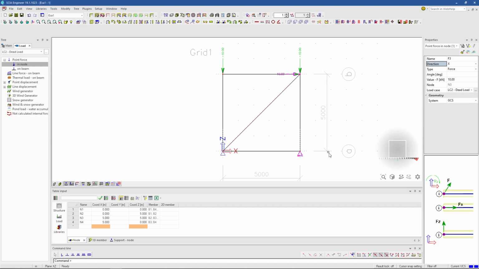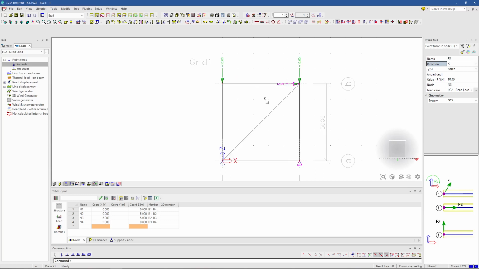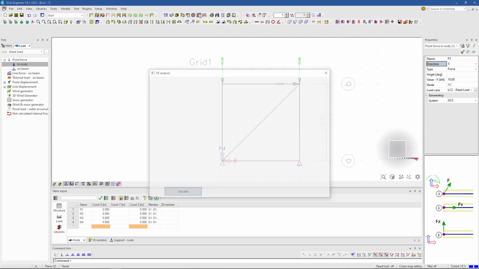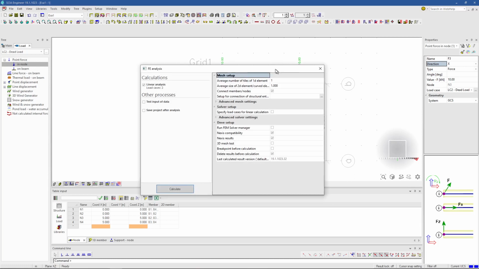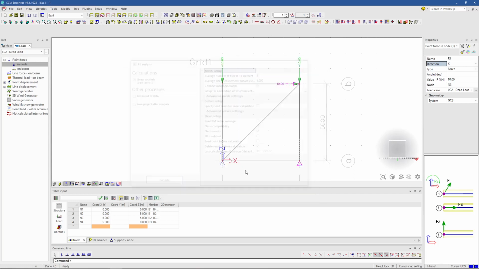There should be opposing reactions, so there won't be any acceleration sideways. We'll then do the analysis and we'll cross check. Go over to calculation and recalculate.